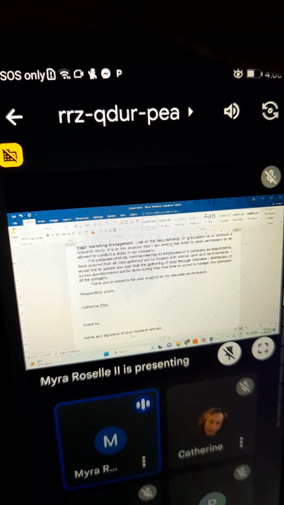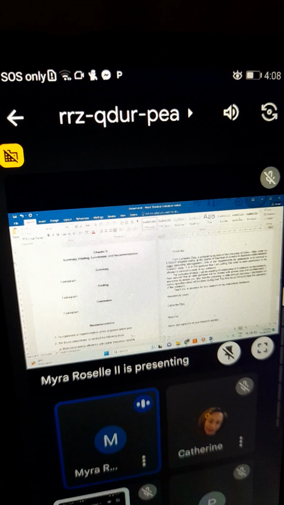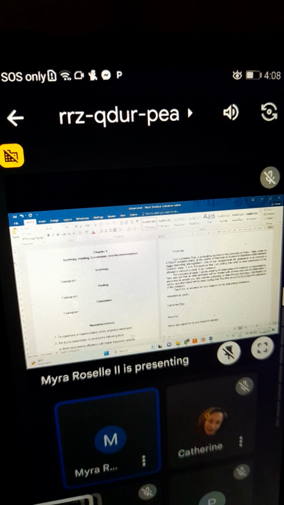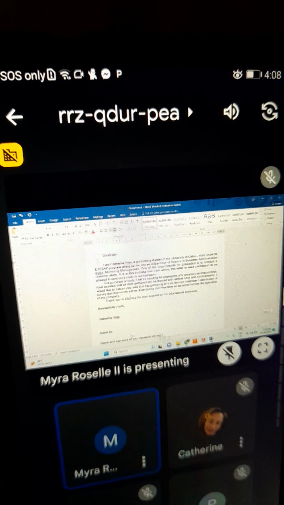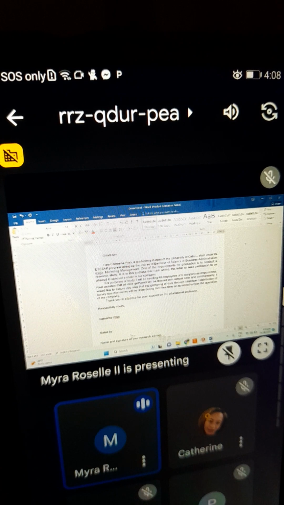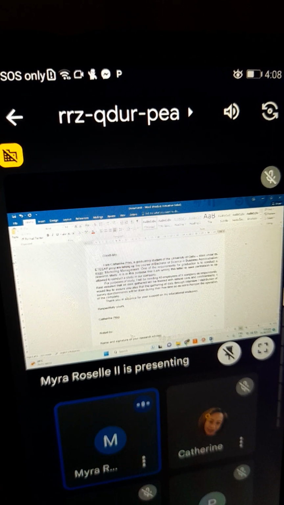So you have here a sample of a transmittal letter. Okay, so you can polish that one, make it better than the way I did it promptly or instantly, so you can improve that.